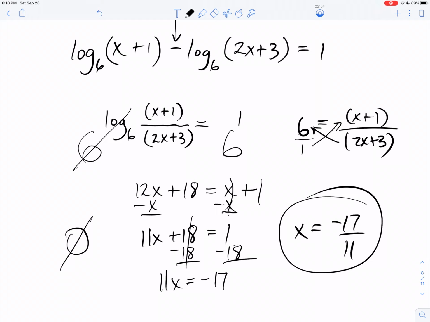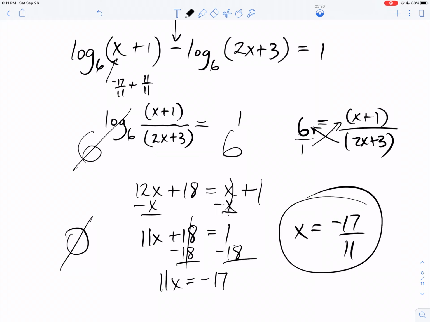Can we take the log of a negative number? And the answer is no, we cannot. So if I plug negative 17 elevenths in here, well, I would get the log of negative 17 elevenths plus 1, which is 11 elevenths. That would be a grand total of negative 6 elevenths. I can't take the log of negative 6 elevenths.